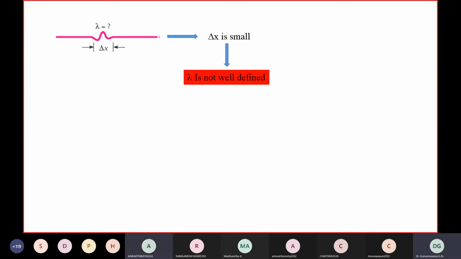Sir, you told that if we take lambda precisely, delta x is large, no, sir? Delta x increases. That is how it works. Because if you want a precise lambda, you have to consider a larger part of the wave.